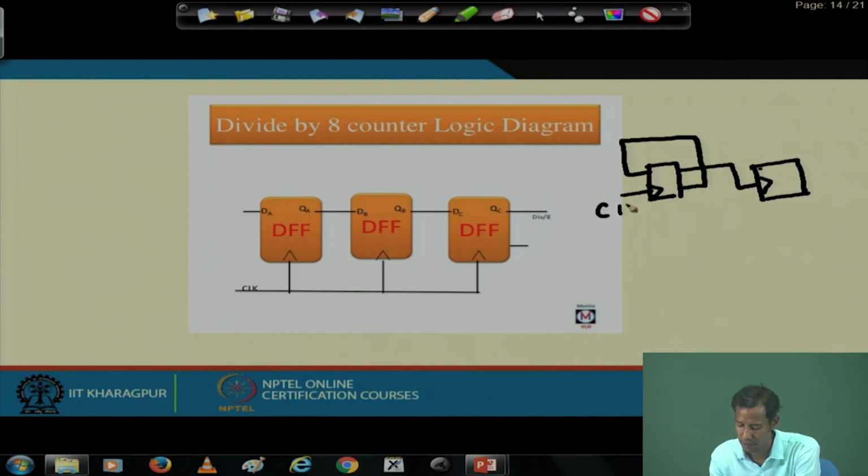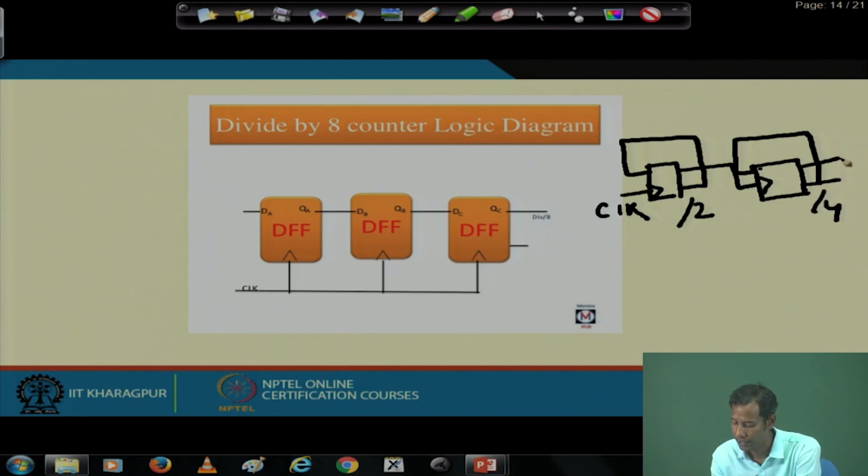So, this is the reference clock, and this will produce divide by 2. Then again if I connect this here, this will produce the divide by 4.